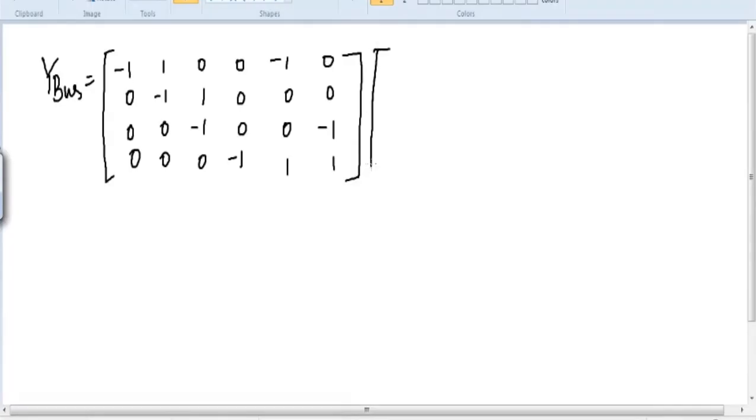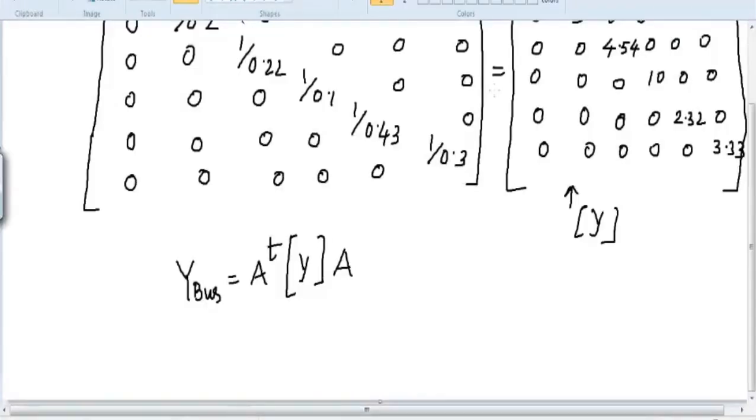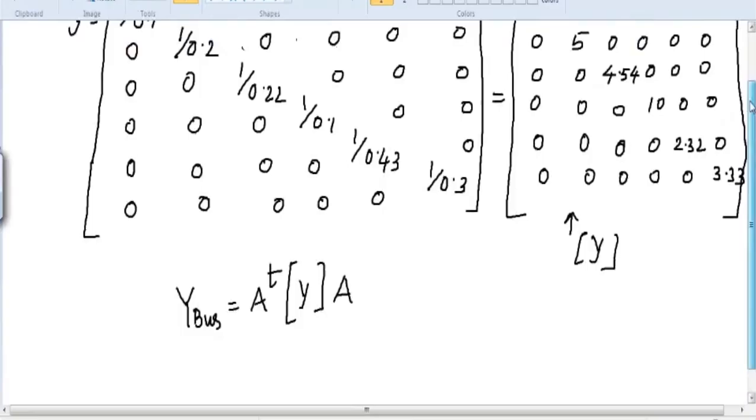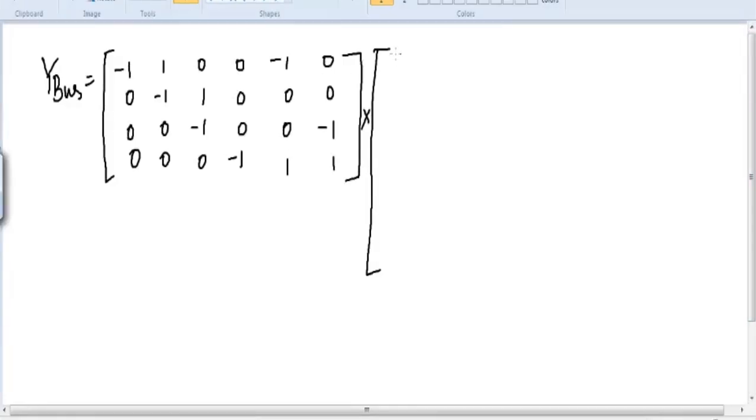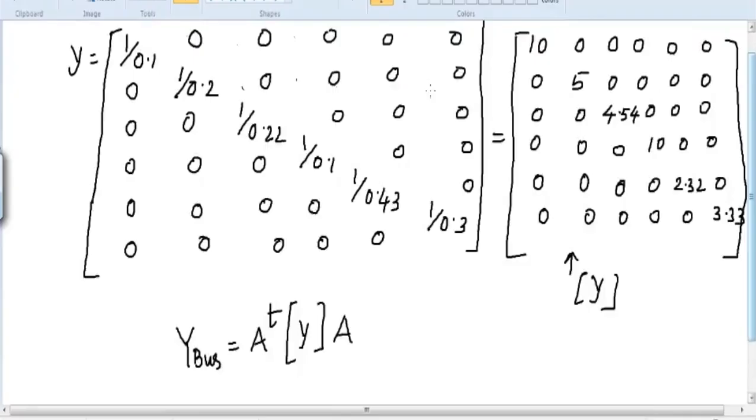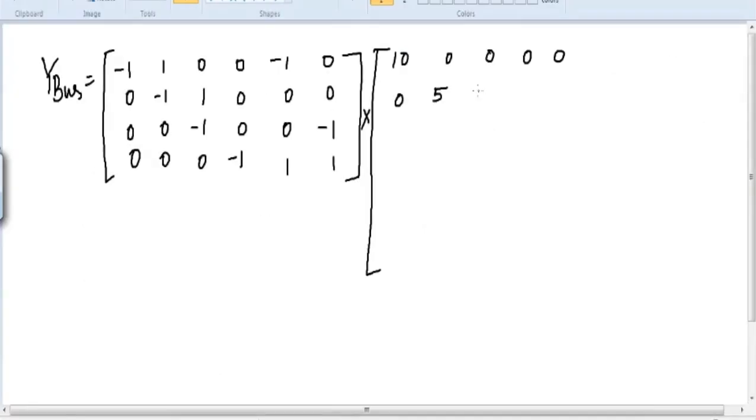Then you have to write Y matrix, which you have calculated right now. Okay. So what is your Y matrix? Let us check. This is your Y matrix. 10, 5, 4.54, 10, 2.32, 3.33. So let me write here 10, 0, 0, 0, 0, 0, then 5, 0, 0, 0, 1, 1 more.